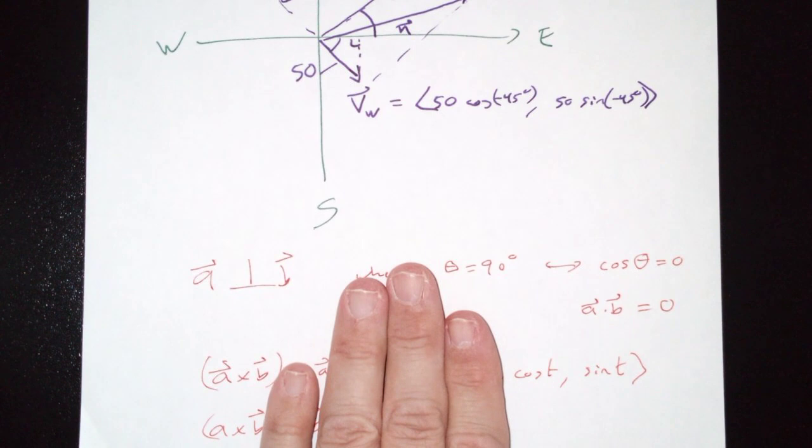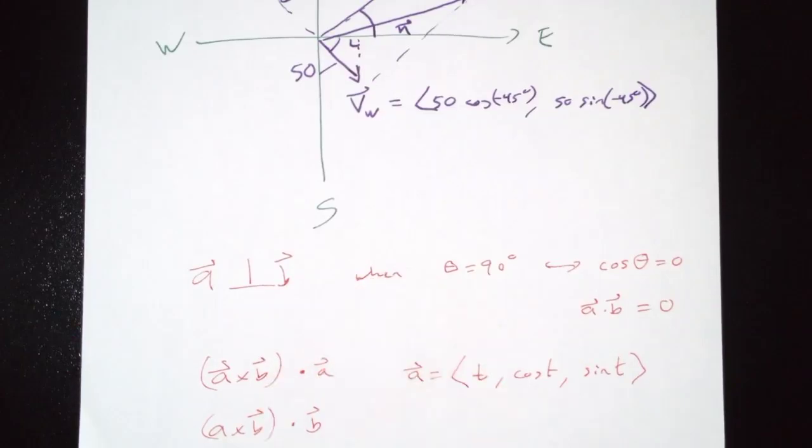What did we do when we did cosine T comma sine T? We thought of that as X and Y, didn't we? And we graphed parametric things. This is something parametric in 3D.